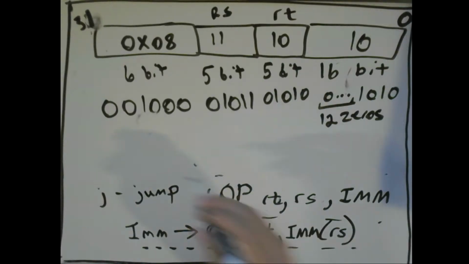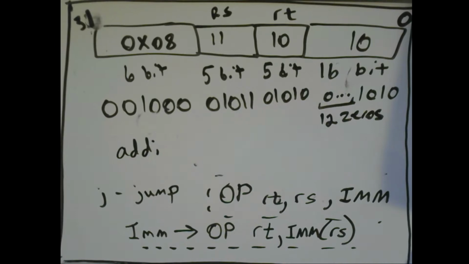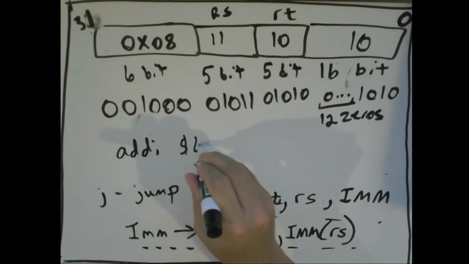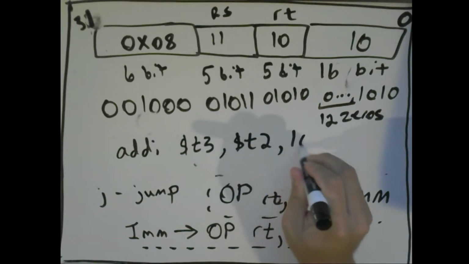Let's just rewrite this instruction here: addi, and then we have $T3, $T2, 10, right?